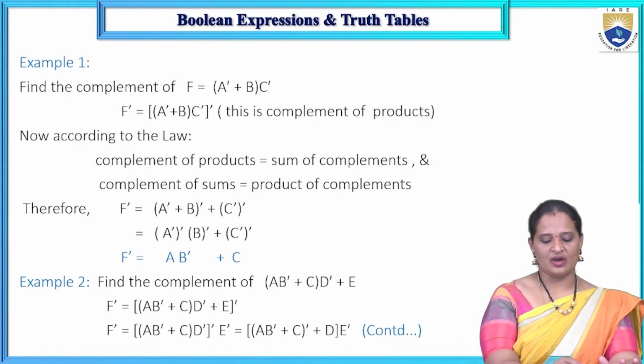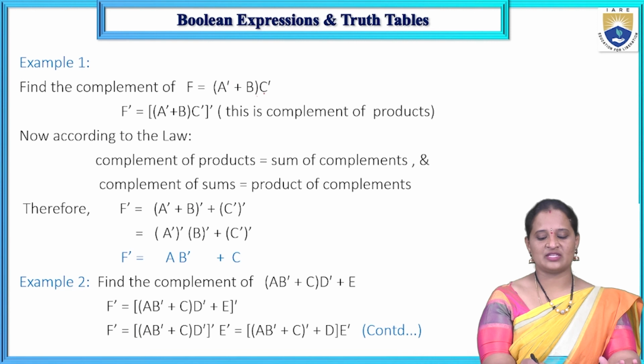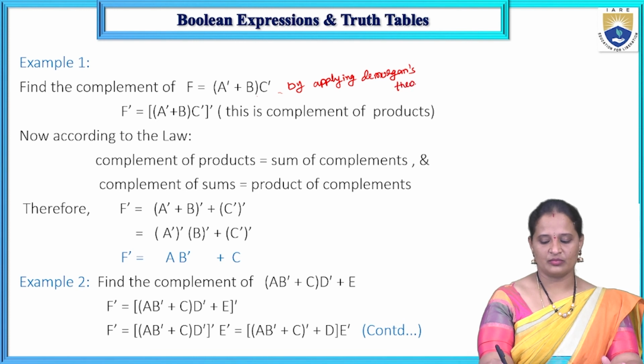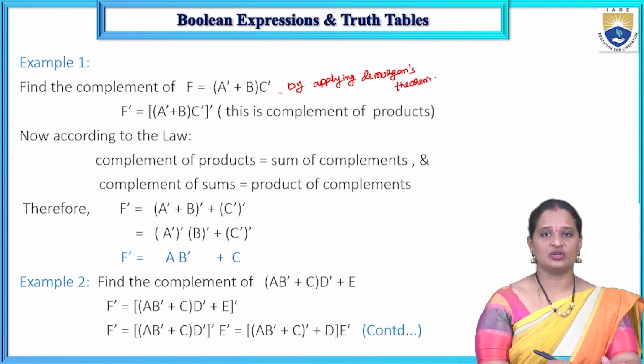Now we have an expression here: a complement plus b into c complement. I want to find the complement of this expression by applying De Morgan's theorem.